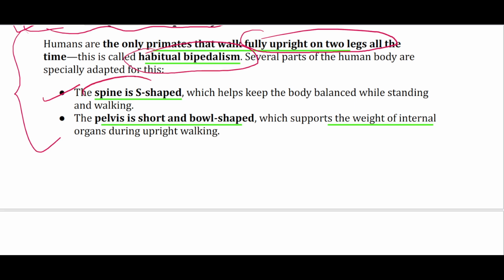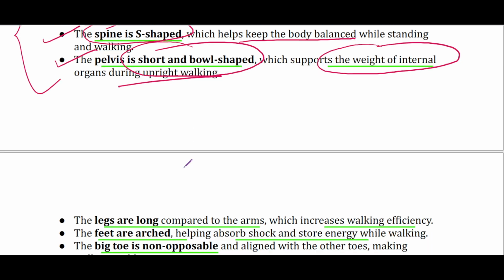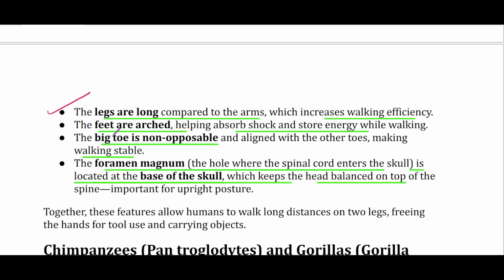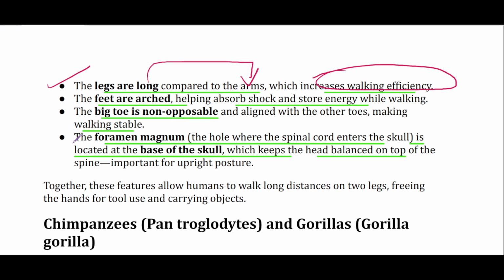First, our spine is S-shaped, which keeps our body balanced. Then we have a short and bowl-shaped pelvis that supports the weight of internal organs during upright walking. Then humans have legs that are longer compared to arms, which is a sign of terrestrial walking, and it increases walking efficiency.